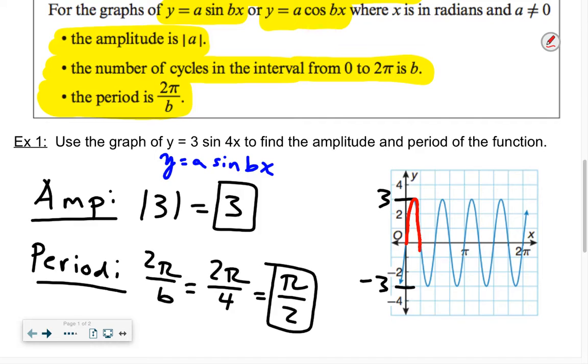Notice if I trace this one here, it's not until I get to this point right here, I have completed one cycle. And then I can make copies of this thing and attach it to the end, and then I would have my function. Where did that take place? Well, there's pi. So it took place at pi over 2. And that's what we found.